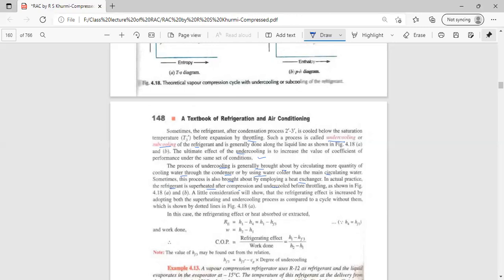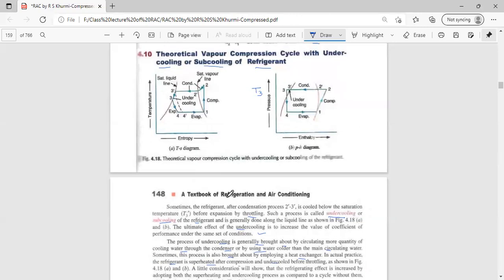So what is shown here is that the refrigerant is superheated in the compression, in the superheated region, and it is subcooled in the wet saturated line, cooling it from 3 dash to 3 itself.